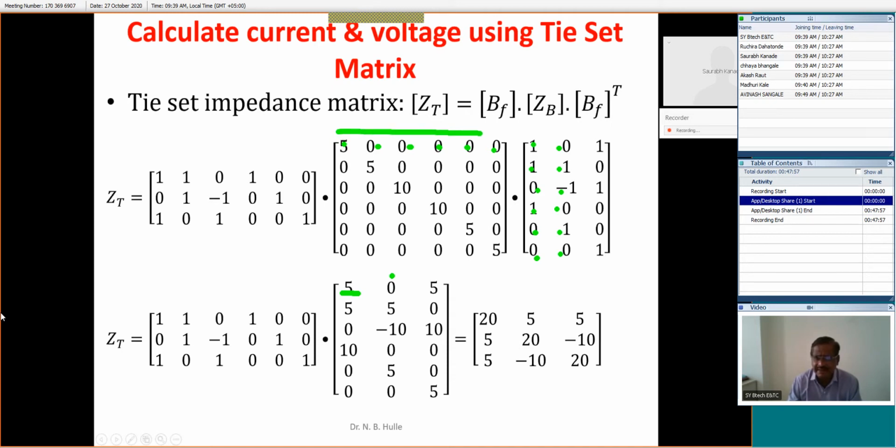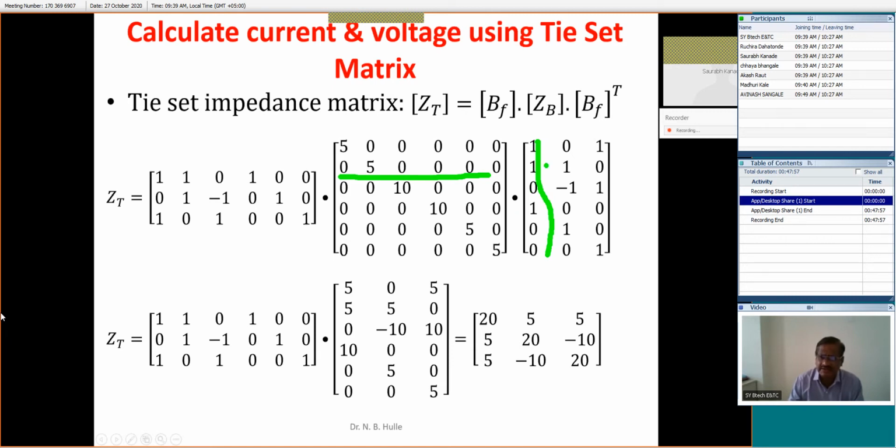Similarly, we find the multiplication of this row and this column. 5 into 1 is 5, plus 0 plus 0 plus 0, so the next value is 5. We can check this again for row number 2 and this column.